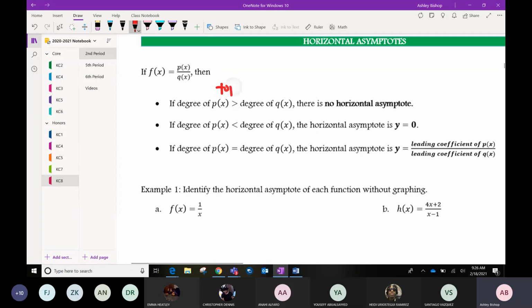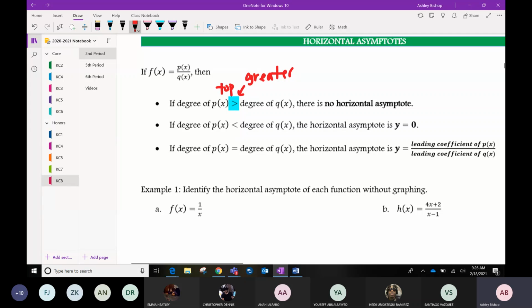If the degree on top is bigger, this sign means greater. You need to know that. I always think of it as it's clapping. The greater hand is clapping for the bigger one. If it's greater than, so you can write yourself a note that it's greater than. I'm just running out of room.